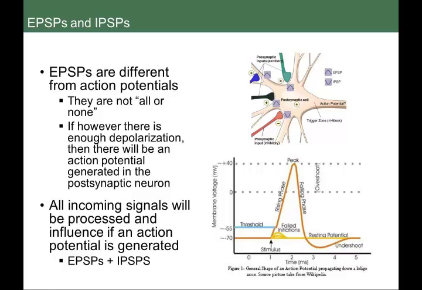But in this case, it's not enough until finally there is enough EPSP, excitatory postsynaptic potentials, that you do reach this threshold limit. And then you begin the action potential, which itself is all or nothing. And then you basically, again, have the generation of the action potential at the axon hillock here. Okay, and so all incoming signals will be processed.